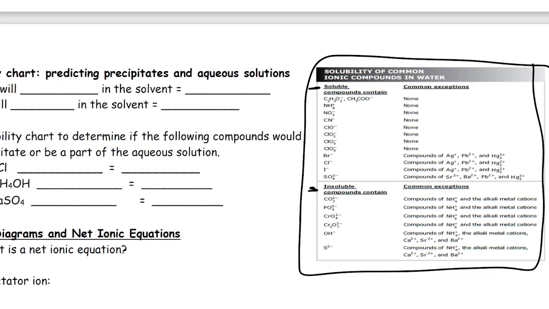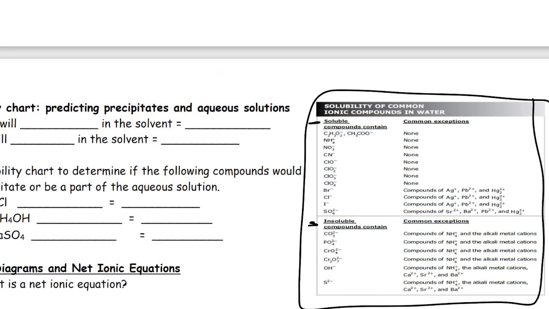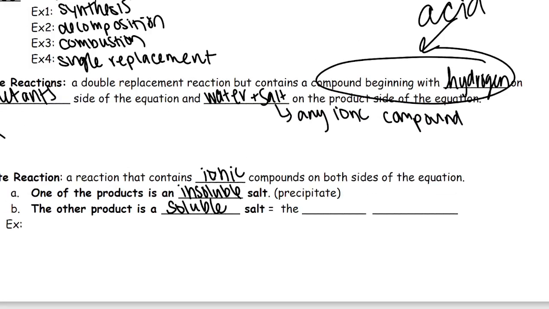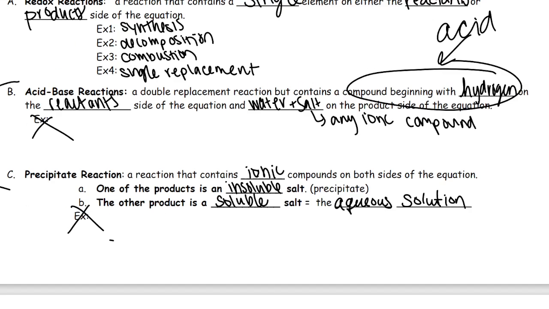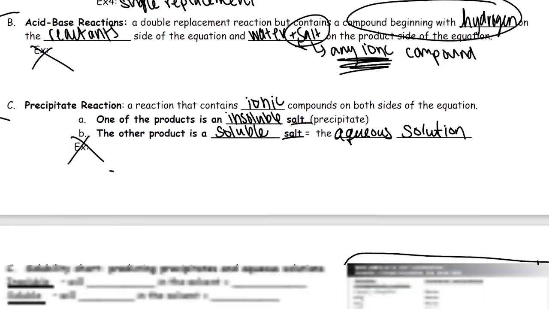We called it precipitate if it was insoluble, and if it was soluble, we called it the aqueous solution. And then again, I'm going to just do examples on the next page. Same thing as up here. A salt, remember, is any ionic compound. So this one's saying salt and salt. We're just talking about any compound that's a combination of a cation and an anion.